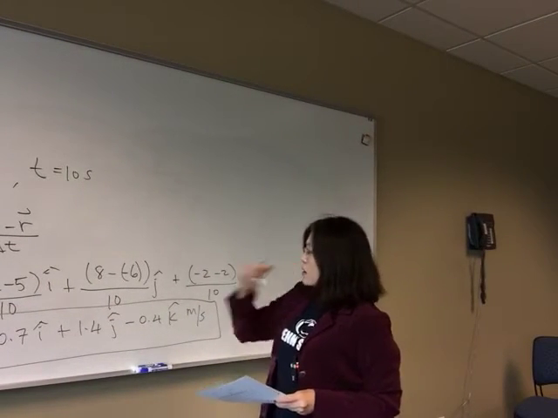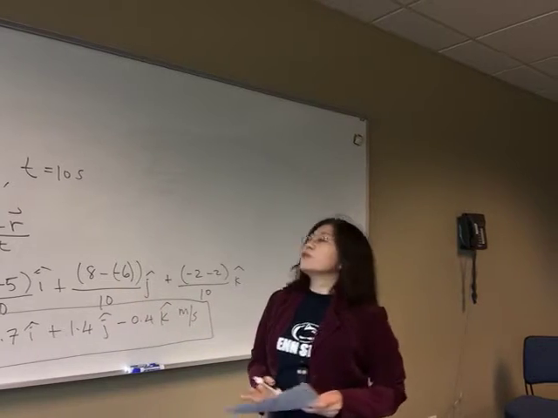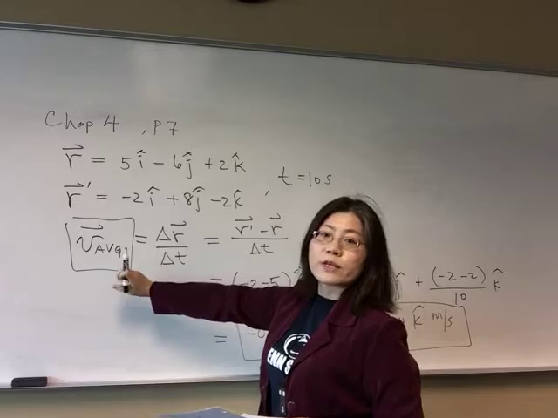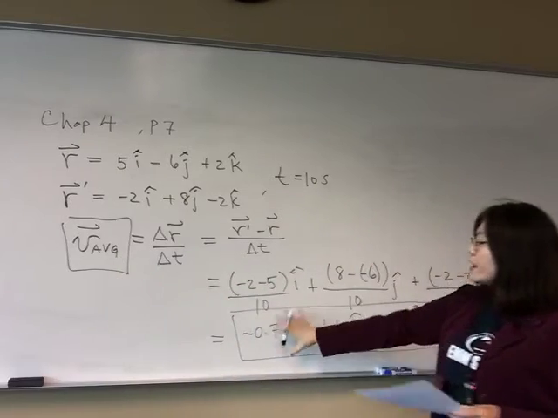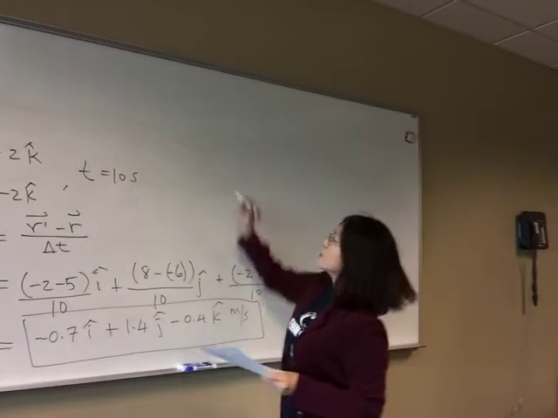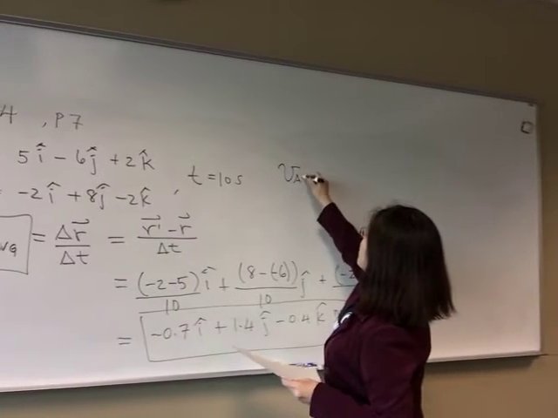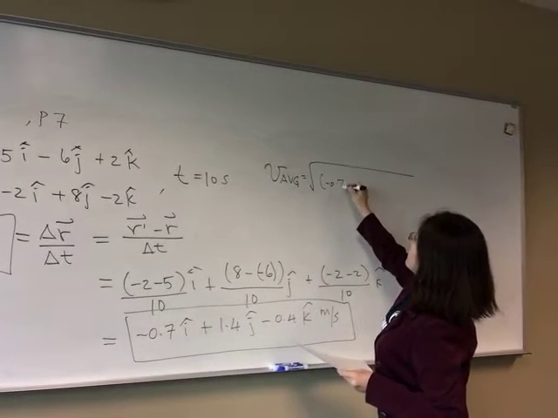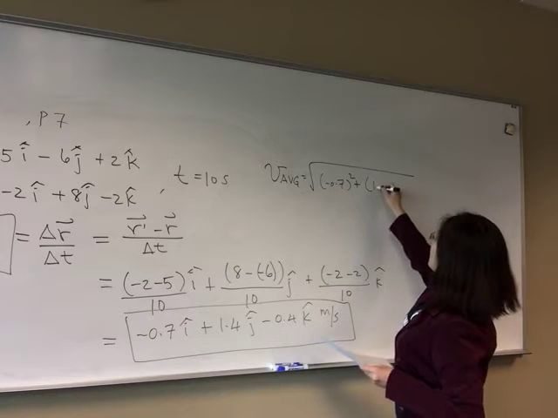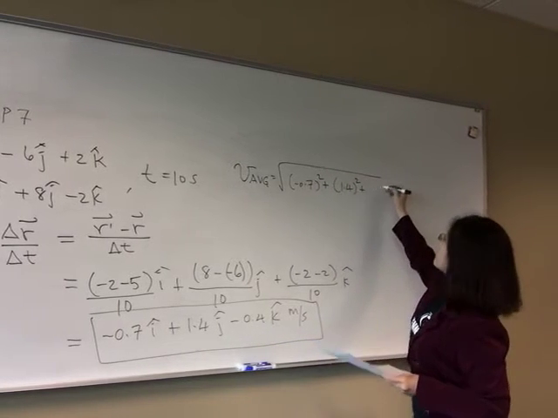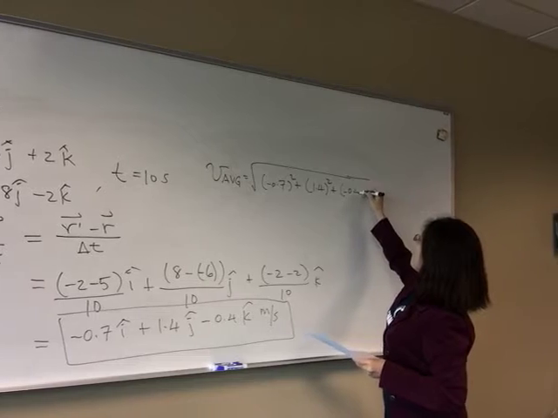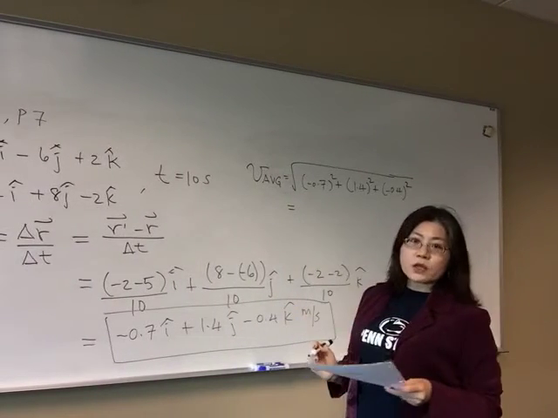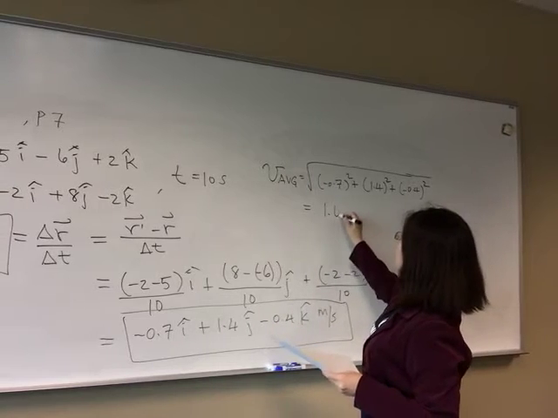Now, what if I ask you to find the magnitude of the average velocity, or what we call the speed? In that case, you have the x, y, z components. So your speed, or the magnitude, would simply be the square root of negative 0.7 squared plus 1.4 squared plus negative 0.4 squared. So you should have a magnitude that is 1.68.